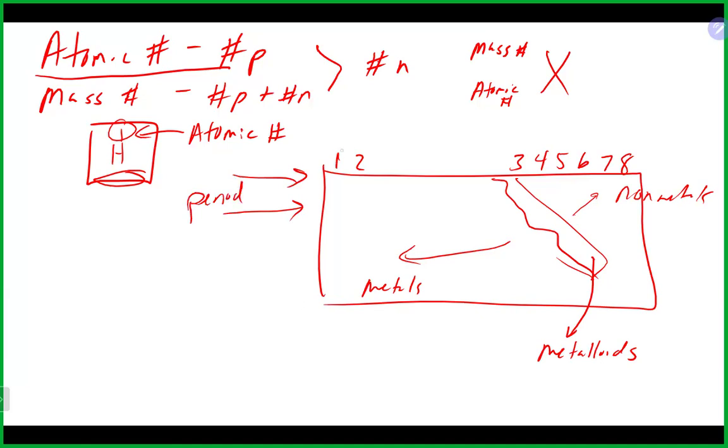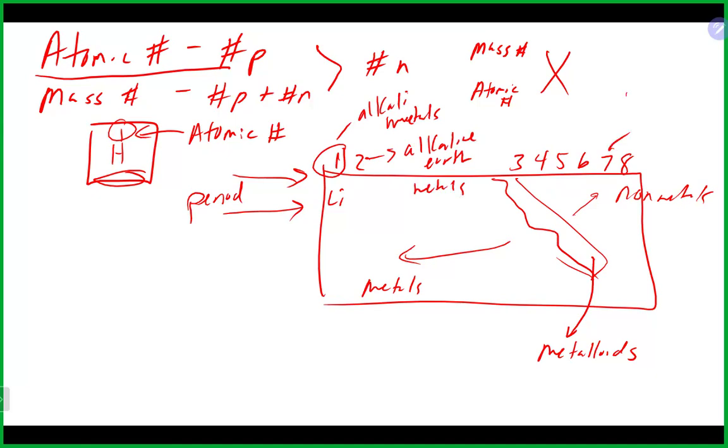Remember that group 1 starts with lithium, not hydrogen, even though hydrogen's over there. Hydrogen is not a member of group 1, because ultimately hydrogen is a non-metal. So even though it's over on that side, it is a non-metal. Group 1 is the alkali metals. Group 2 is the alkaline earth metals.